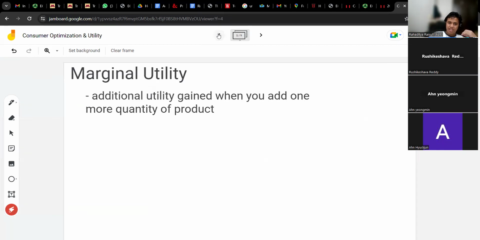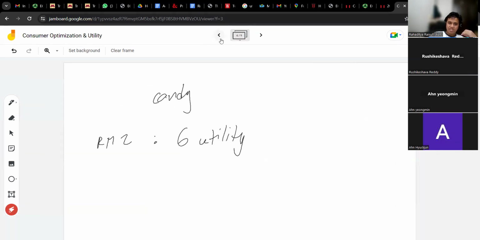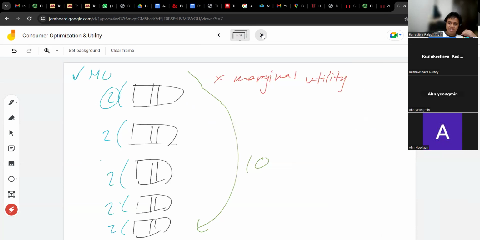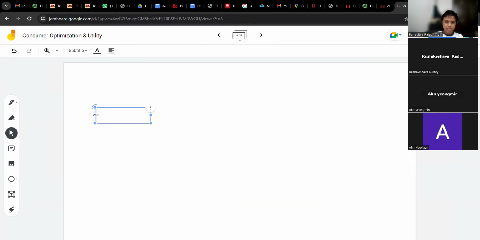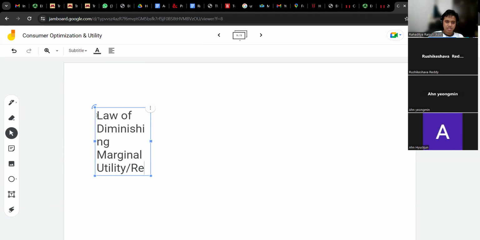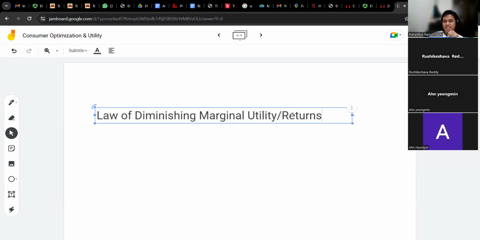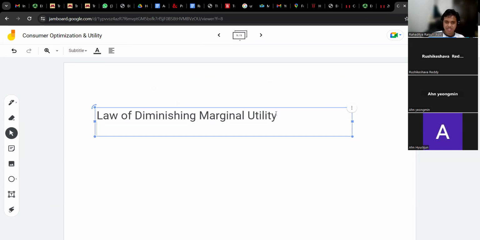So this is what we call the law of diminishing marginal returns. I'm going to write that down. Law of diminishing marginal returns, marginal utility or marginal return. Sometimes it depends on what terminology they use, but in this case, I would say law of diminishing marginal utility.